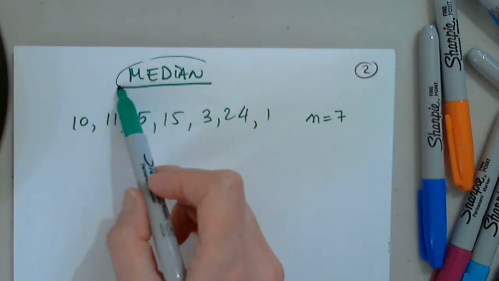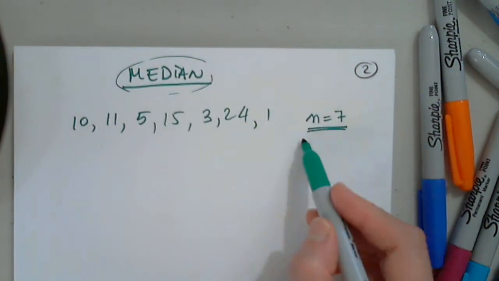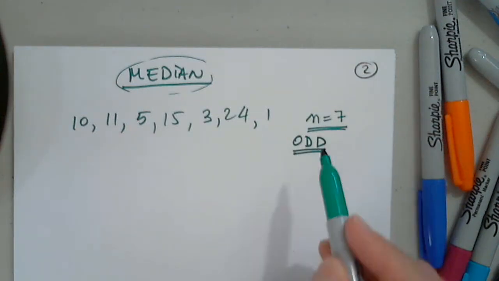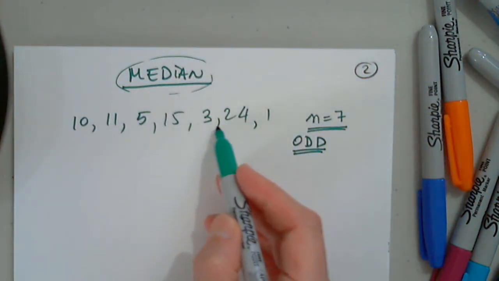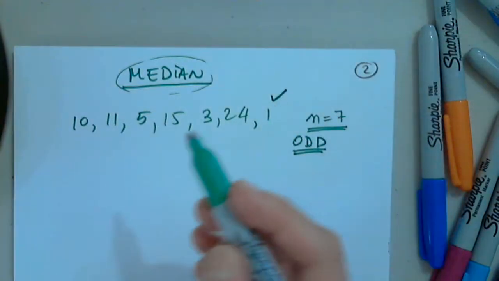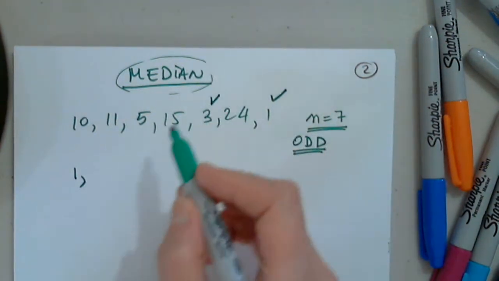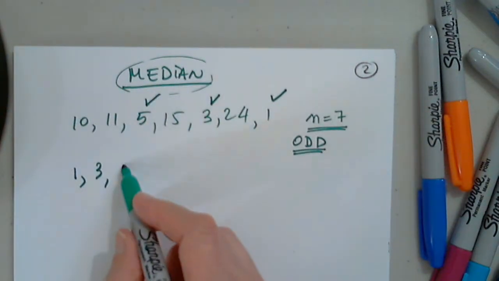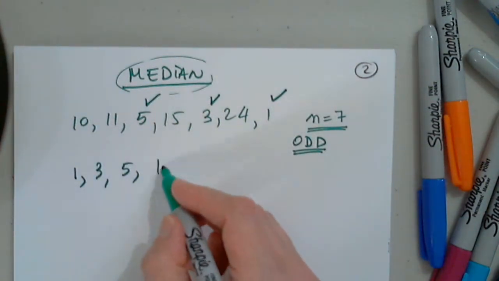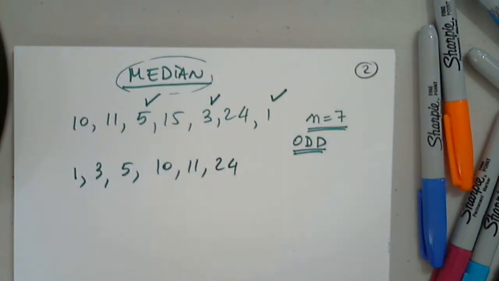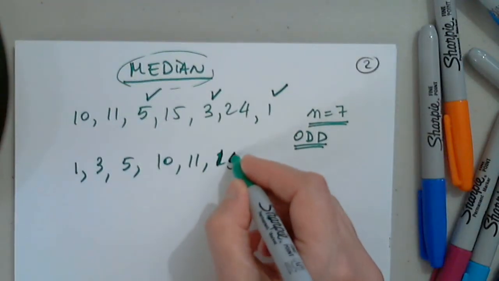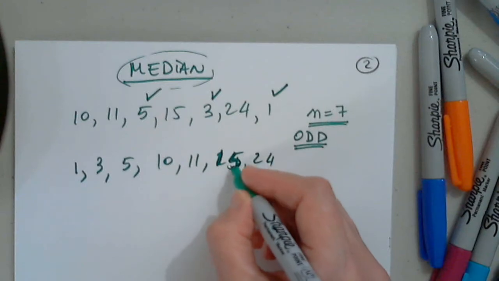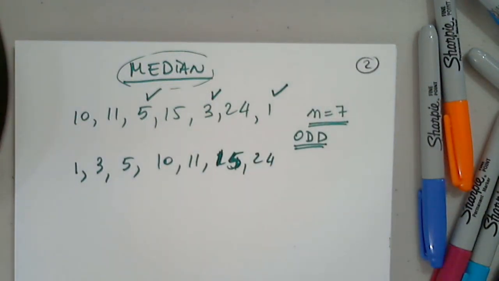In order to determine the median for an odd sample size, 7, first I have to arrange them in ascending order. Of course, 1 will be the first, 3 will be the next, 5 will be the next, 10, then 11, 15, and 24. How do I determine the median?